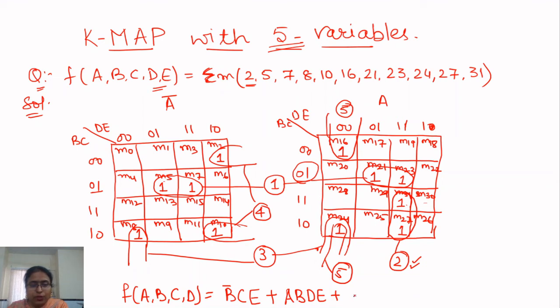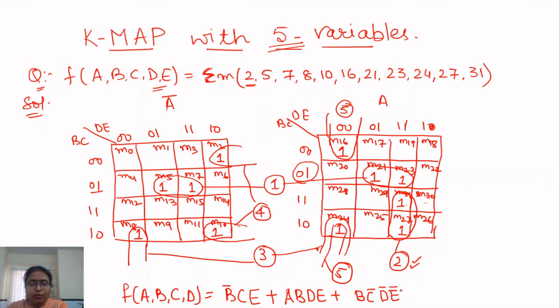A is varying from 0 to 1. B is 1, B is 1. So BC bar is there, and D bar and E bar.